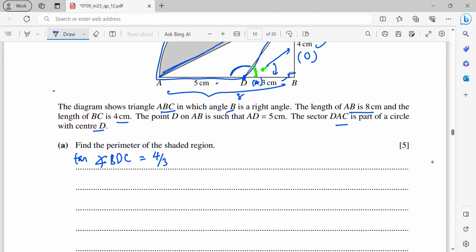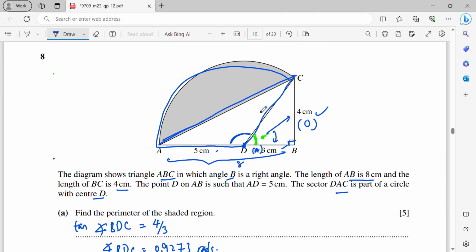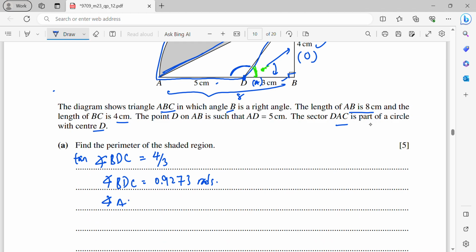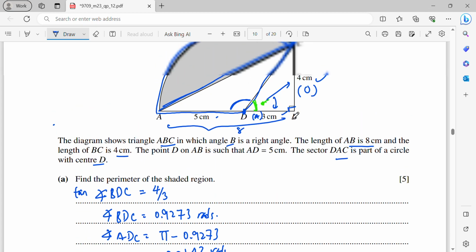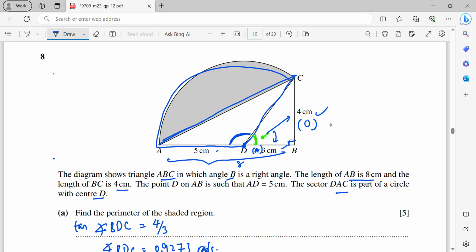So then from here, my angle BDC is inverse tangent 4 over 3. You will get 0.9273 radians. Now, therefore, my angle ADC is pi minus 0.9273. Therefore, you will be getting 2.2143 radians.